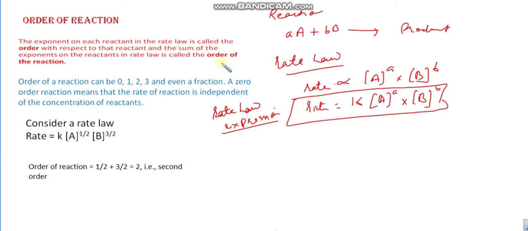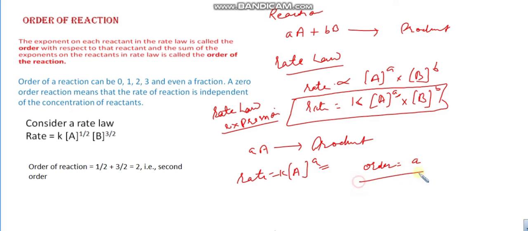In the rate law expression, what is the exponent of the concentration? If it is a single reactant, suppose we take A giving product, then rate is equal to constant k times concentration of A to the power a. So this a is known as the order, so the order of reaction is a.